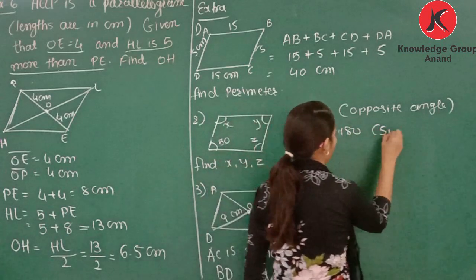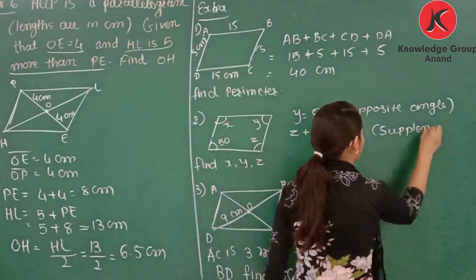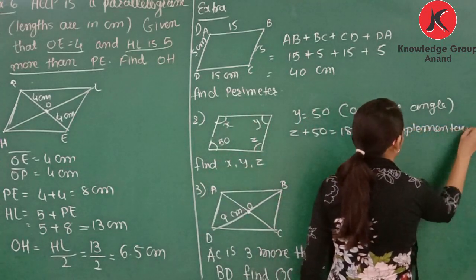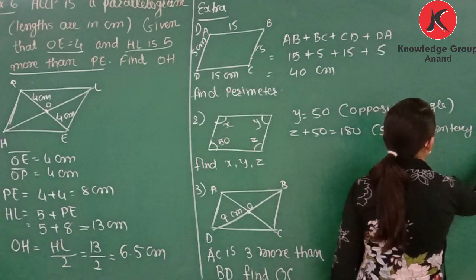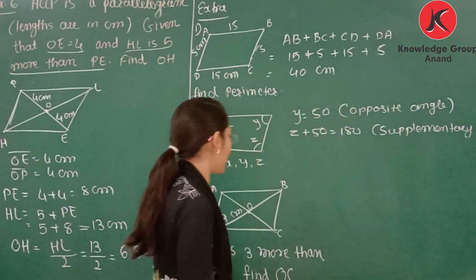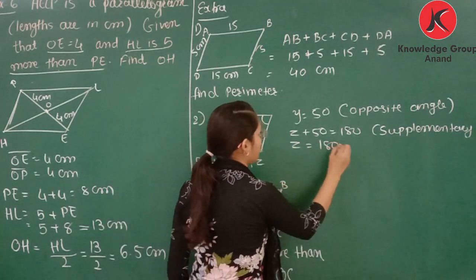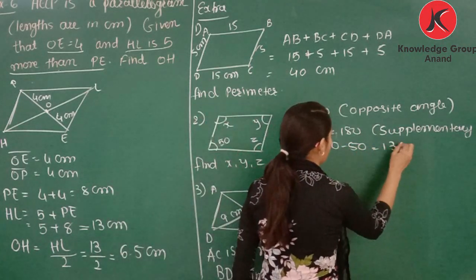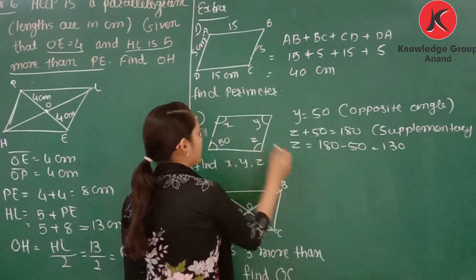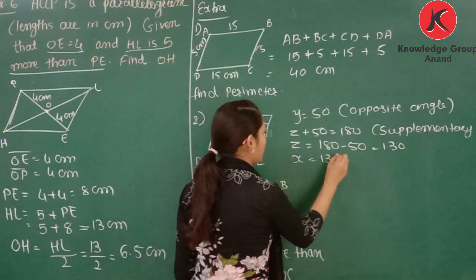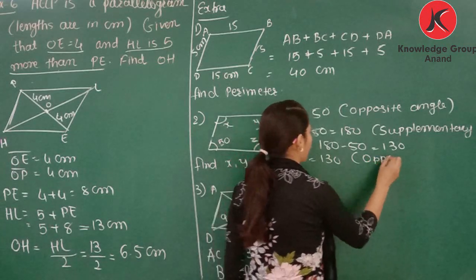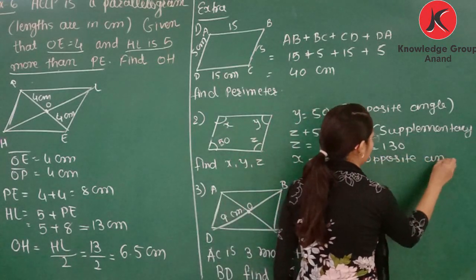These are supplementary angles. Adjacent angles are supplementary. That's why 50 plus z is 180. So z is equal to 180 minus 50, that is 130. If z is 130, then x is also 130. Again, reason is opposite angles are equal.